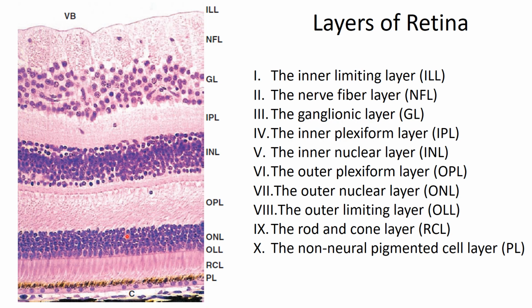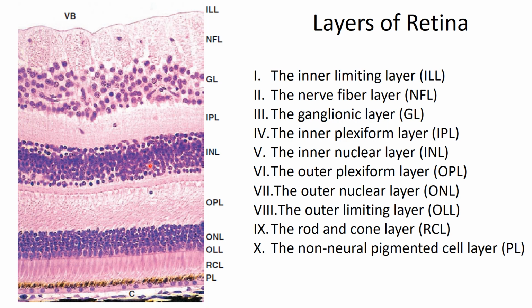Then the outer nuclear layer, formed by the cell body and the nuclei of the rods and cones. Then is the outer plexiform layer, formed by the synapse between the axonal portion of the rods and cones and the dendrites of the inner nuclear layer, the bipolar cells mainly, also the horizontal cells and amacrine cells.